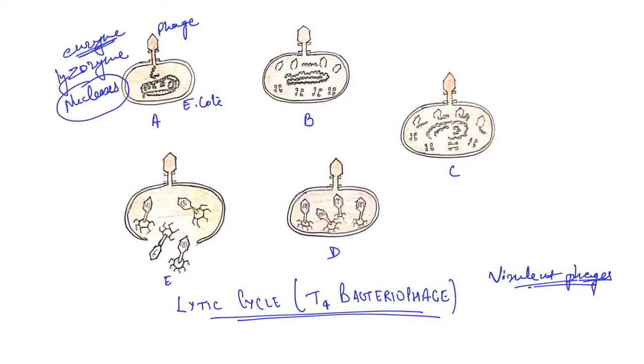Then the phage DNA and mRNA get attached to the parent viral DNA functions, with the help of bacterial nucleotides. Now the host machinery synthesizes proteins and develops new viruses.